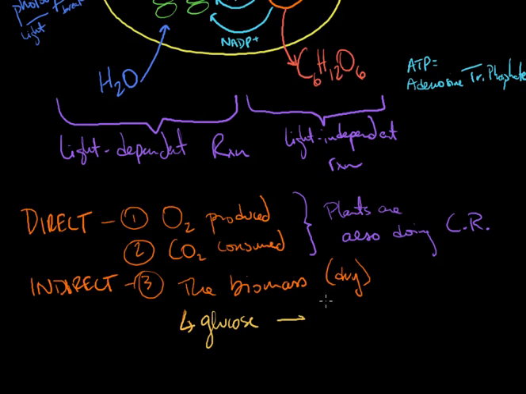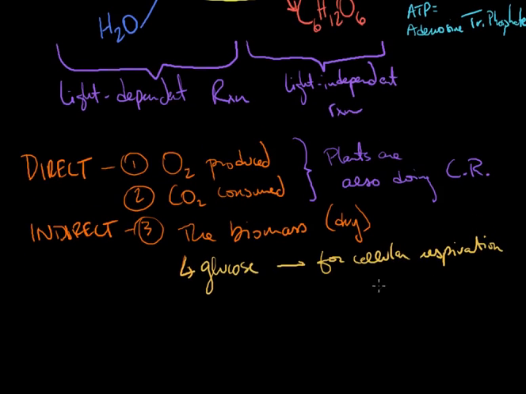So one is that it can be used immediately for cellular respiration for the plant, so that it's going to be making adenosine triphosphates, or the energy molecule for itself. It could use it for heat, so as a byproduct of cellular respiration.